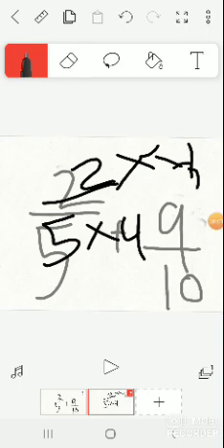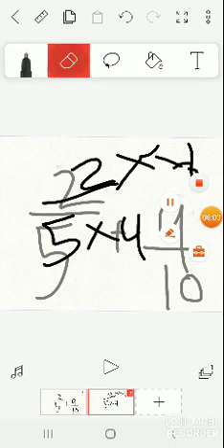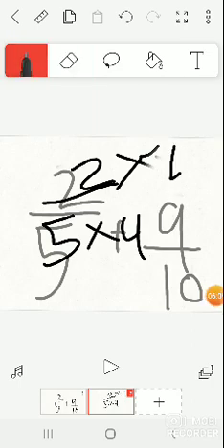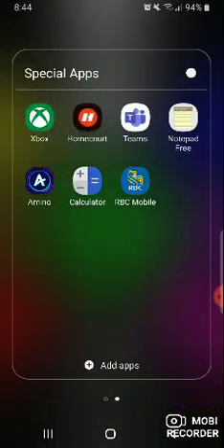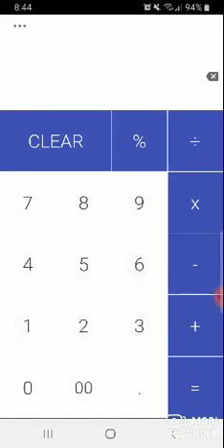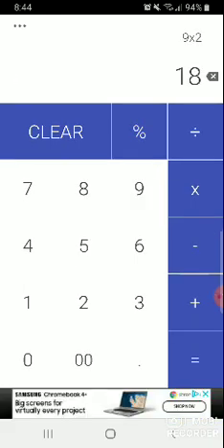Now, I'm also going to be pausing for 1 second just to give some actual math advice out there, as my lesson here today is math-based. I just felt like teaching some actual fractions. So, let's look at the actual science behind this. If we go to my calculator, 9 times 2 would equal 18, right?